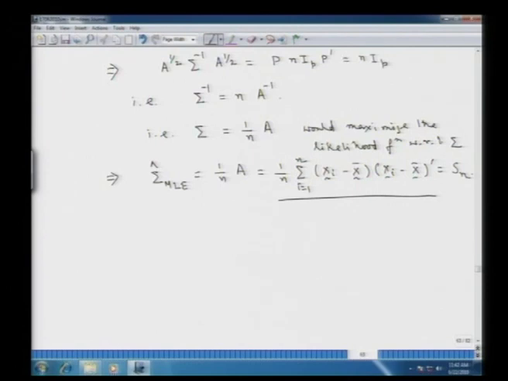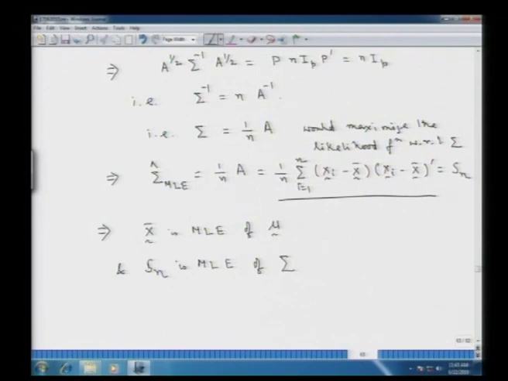So the sample variance covariance matrix with a divisor n is thus the maximum likelihood estimator. Thus we have proved the following: x bar vector is the maximum likelihood estimator of the mu vector, and S n, the sample variance covariance matrix with divisor n, is the maximum likelihood estimator of the sigma matrix, right. So x bar vector and S n are the two maximum likelihood estimators.